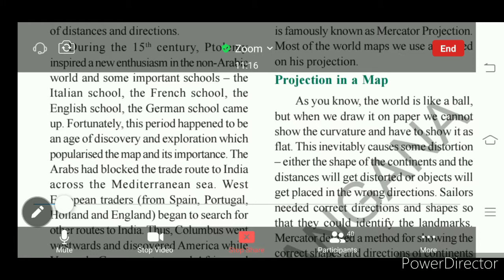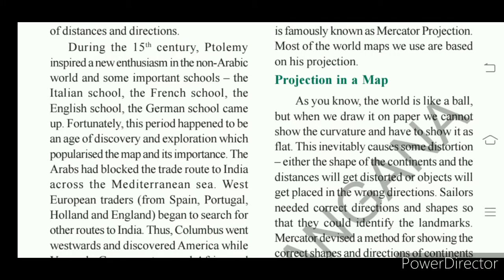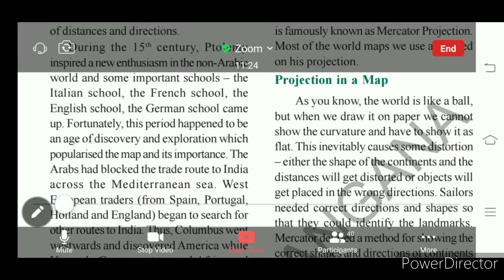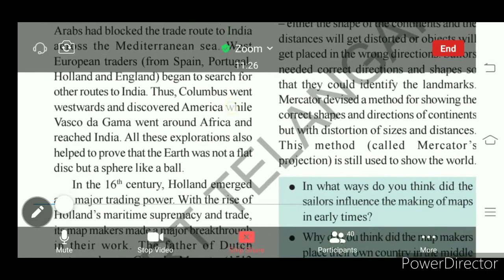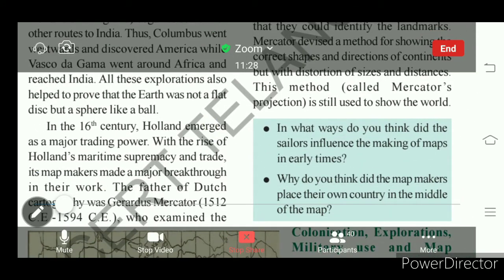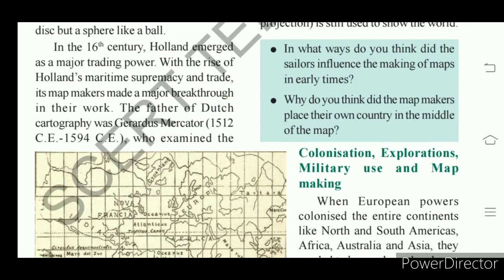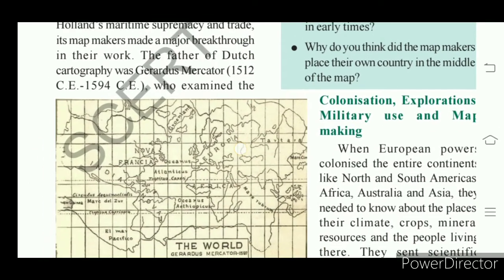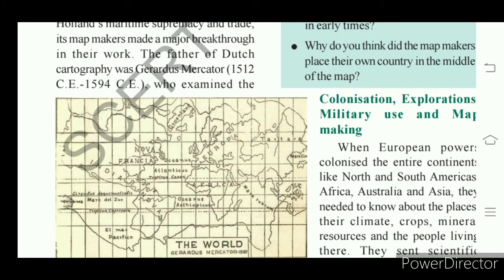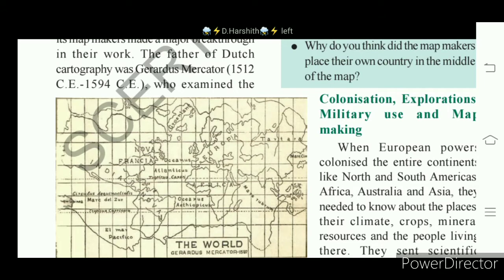Today, we discuss what a projection in a map is. Projection, in the sense of showing a map with some distortion.